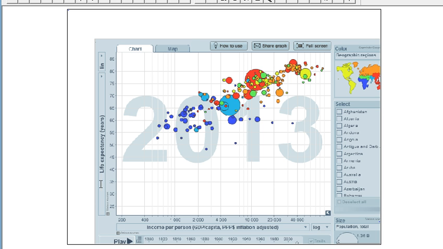It's a graph of life expectancy versus income per person. I don't know how easy it is to see here, but it goes 200, 400, 1,000, 2,000, 4,000, 10,000, 20,000, 40,000. It's a log scale, and it has that characteristic non-uniformity of the vertical bars because it's a log scale. So I wanted to point out that this is really what people do.